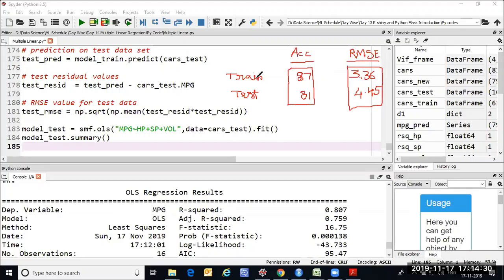Let us say the accuracy that you got while training the model is 95%, 0.95. But when you run the same model on test, let's say it is giving 70.